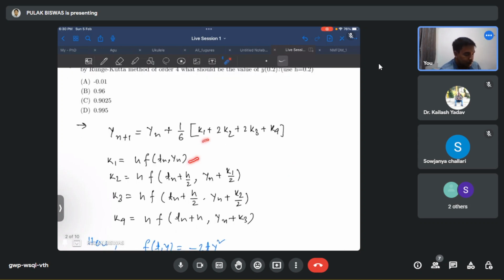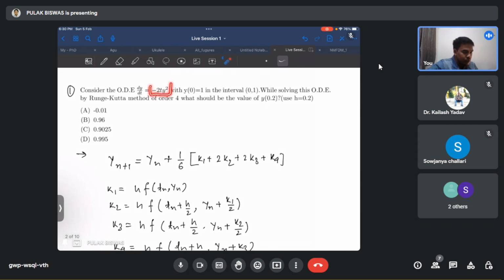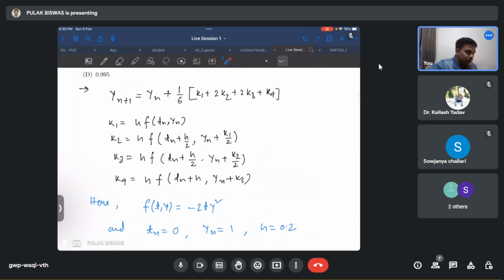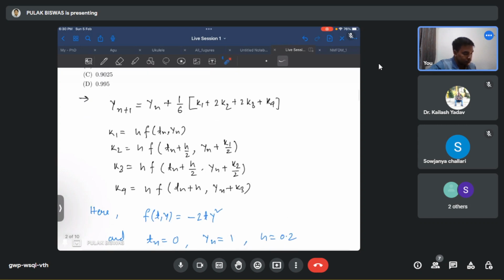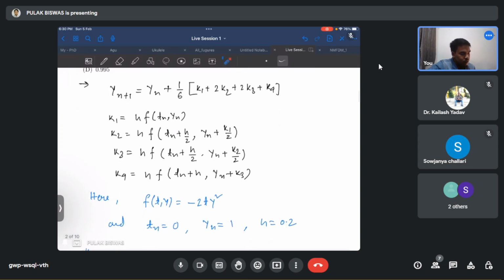K1 has this form, K2 has this form, similarly K3 and K4. Now let f(t, y) equal minus 2ty squared. And if you see the initial condition, at time 0, y is equal to 1 and h is equal to 0.2. So at (0, 1), these are given.